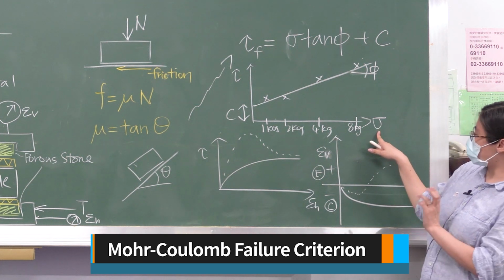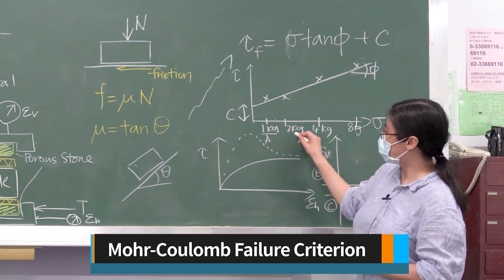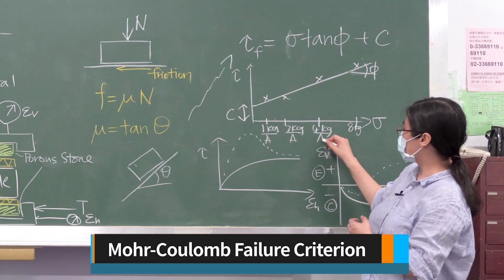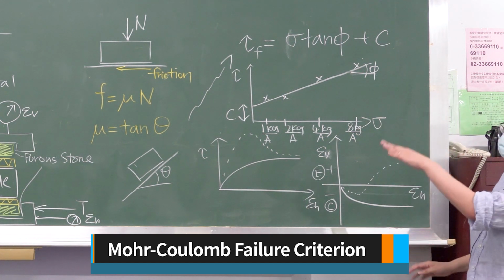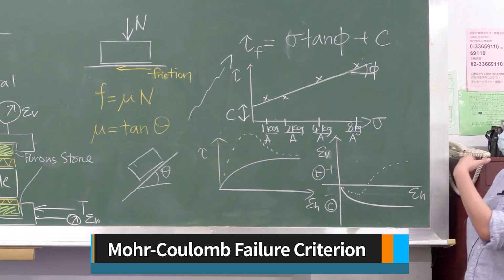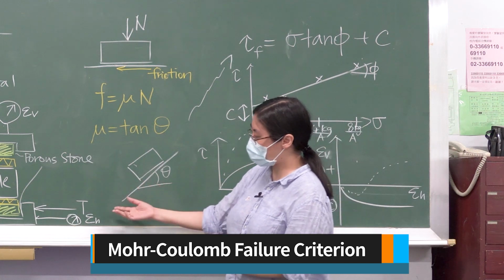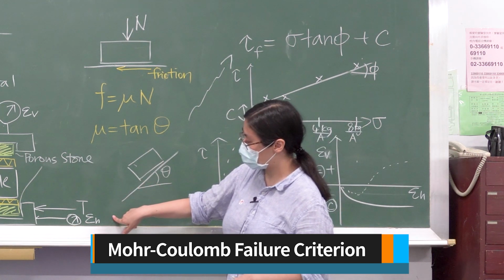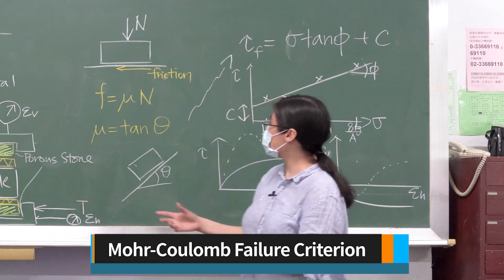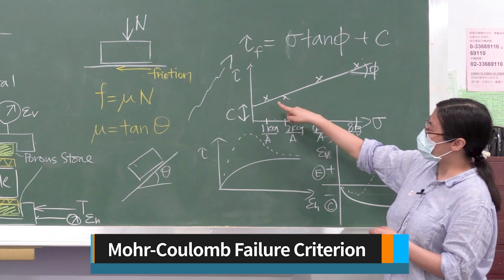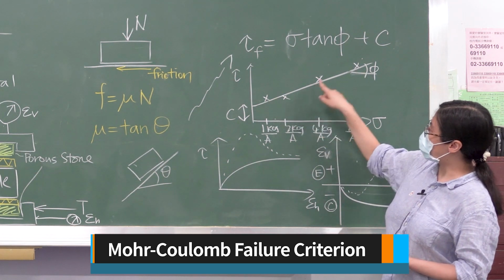Since my x-axis is normal stress, you will need to divide by the area of the sample to change the unit into stress units. So by applying different normal stress or normal load, we will evaluate the maximum shear stress that can be sustained by the sample. You will report the maximum shear stress value, which is represented by this axis here.